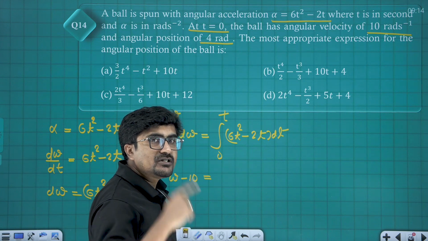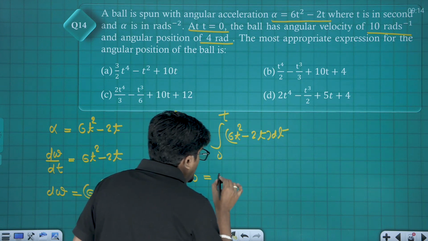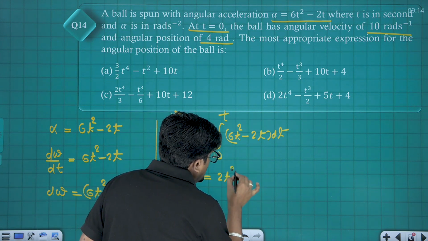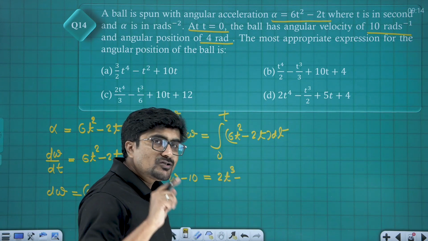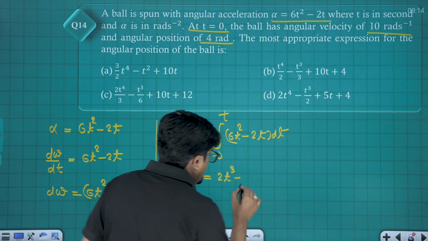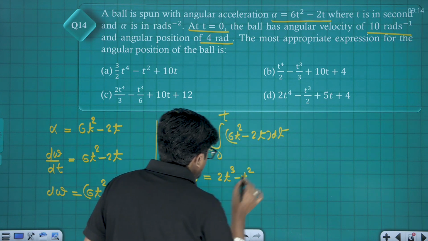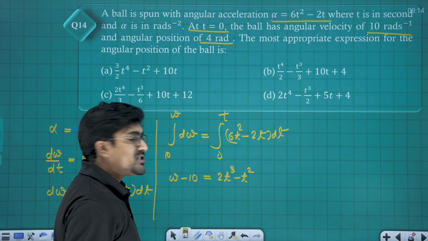I repeat, 6 times t cube by 3. So it's going to be 2 times t cube minus 2 times t square by 2, that is t square. This is the expression for omega.